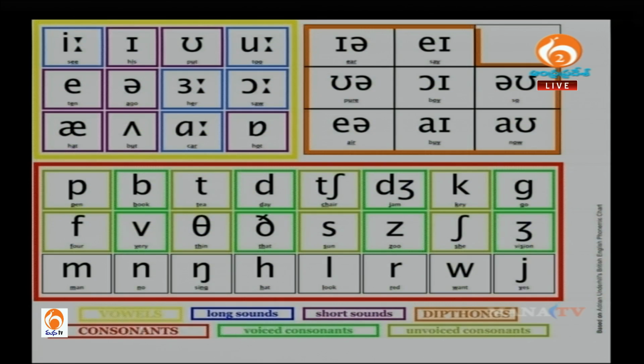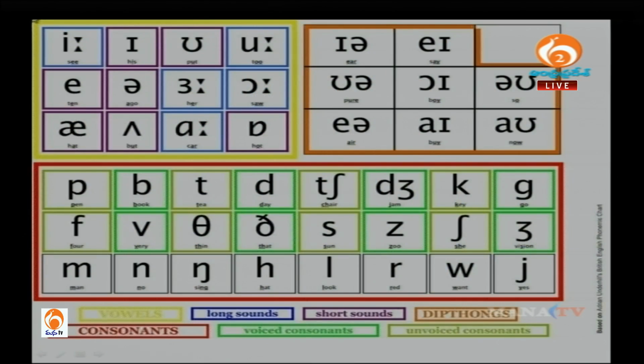There's a vibration to it, and the vibration is subtle again. You don't really have to vibrate it evidently. So the second sound is a short B. The third sound is your T sound, a short T. And then we have D. Then we have Ch, followed by J, K, G.